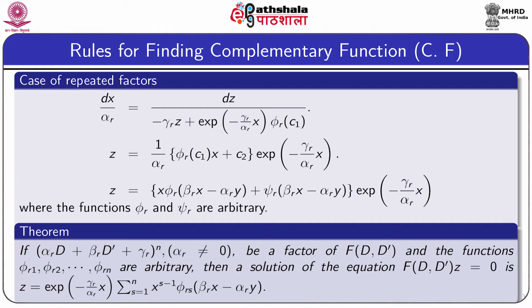Since there are n repeated factors, there are n unknown or arbitrary functions, and in the solution the unknown functions come as the sum written here.